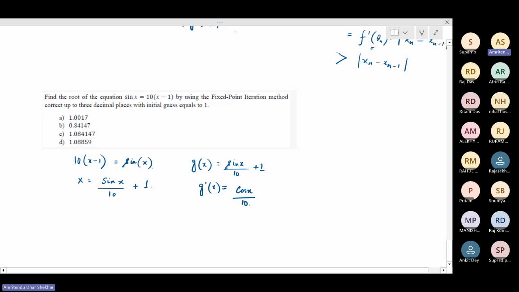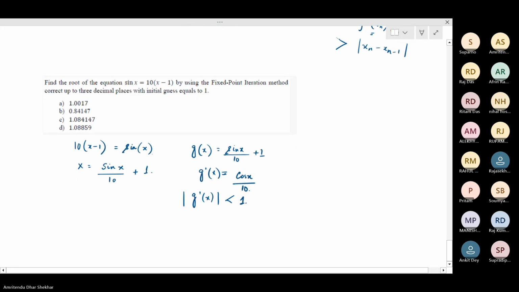And the norm of g dash x is less than 1 because cos x is always smaller than or equal to 1. So this formulation would work fine, and you can then use a fixed point iteration scheme.